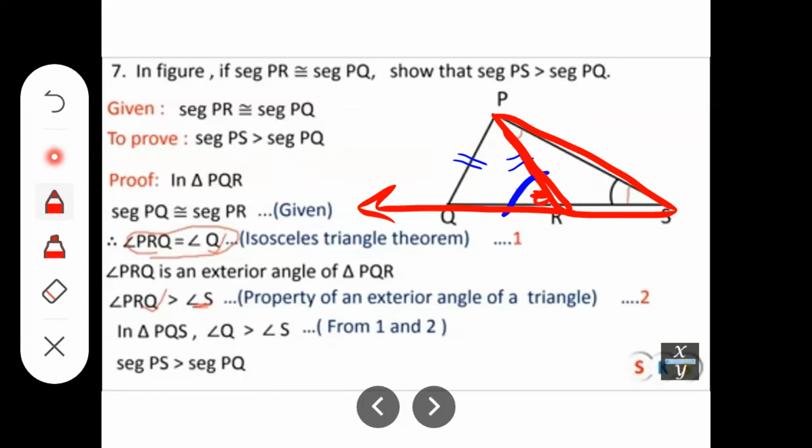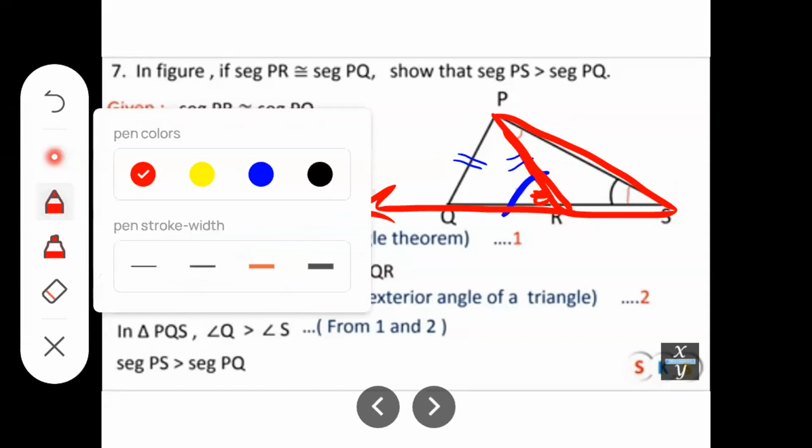So angle PRQ is an exterior angle of triangle PRS. For this triangle, this angle is the exterior angle. Let's do the correction here.